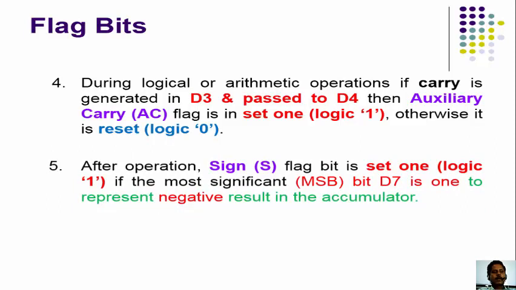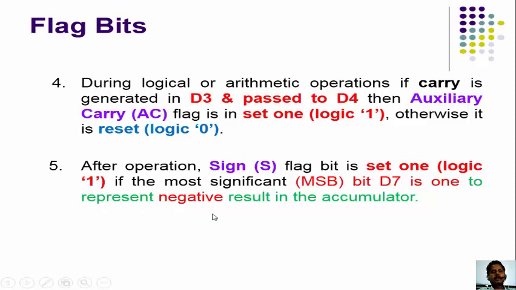Then about the sign flag bit. After the operation, the sign flag bit is set to 1 if the most significant bit, that is the D7 bit of the result or accumulator, is 1 to represent a negative result in the accumulator.